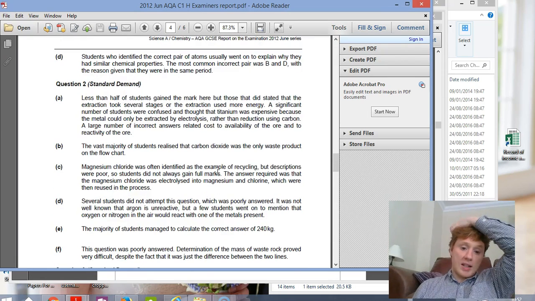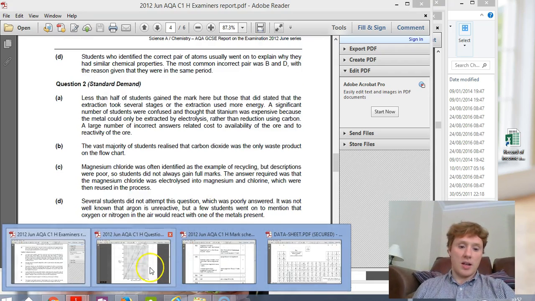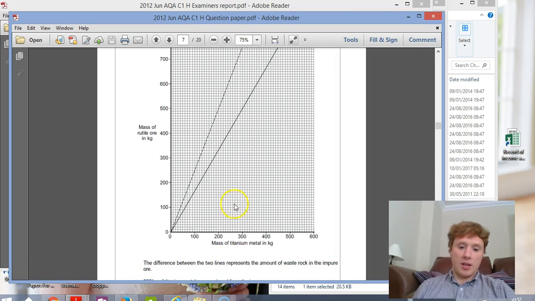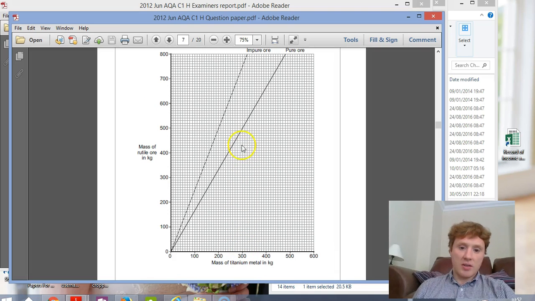It was poorly answered. It was just a difference between 2 lines. So, yeah, pure ore doesn't have waste rock in it. So you look at the 300. It makes 300 titanium metal. So that's about 475.